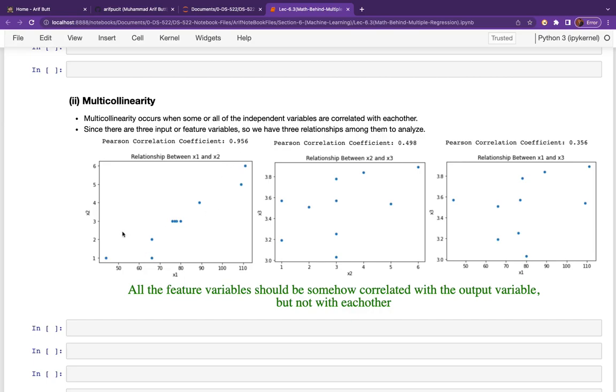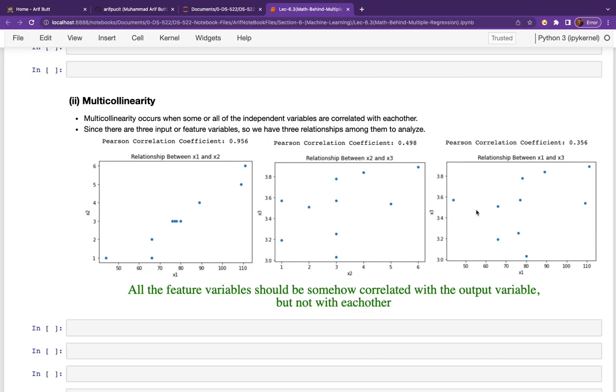So adding both of these in our model will cause the problem of multicollinearity, as the algorithm will not be able to decide what coefficient to assign to these two variables if they are so similar.